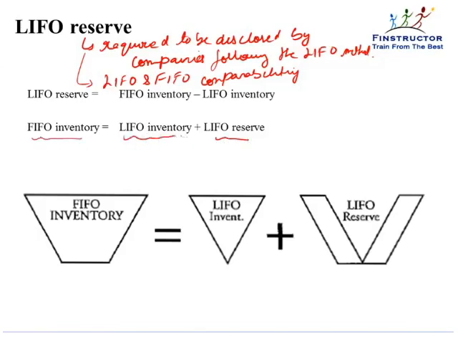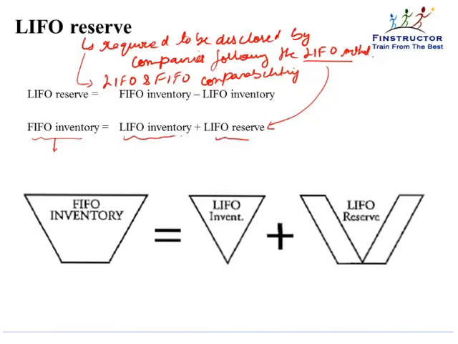That is, the firm following the LIFO method must also disclose the LIFO reserve, which tells us that had the company been following the FIFO method right from the beginning, the inventory would have been higher or lower to the extent of the LIFO reserve.